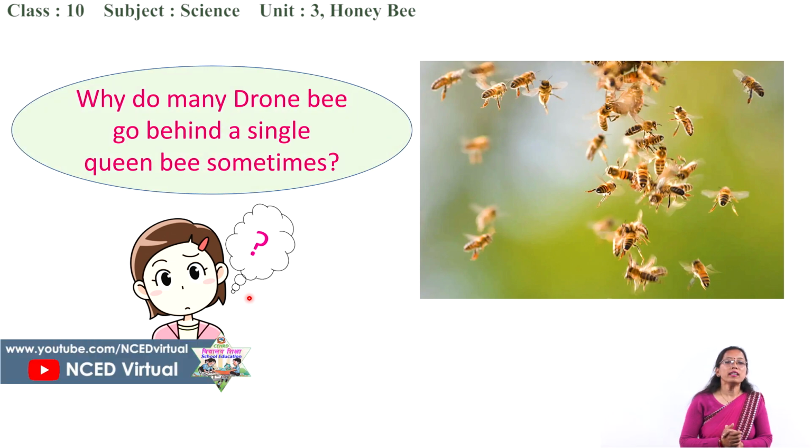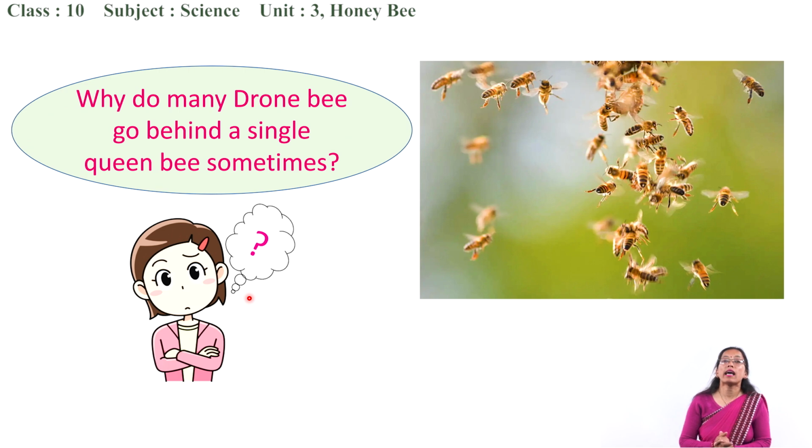Why do many drone bees sometimes go behind a single queen bee? Sometimes we see one queen bee flying in the air, especially in the good evening, that means at sunset time.